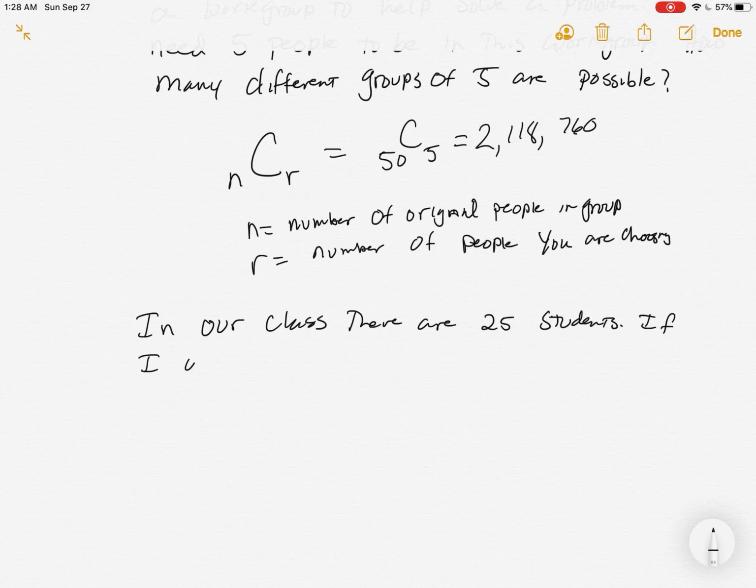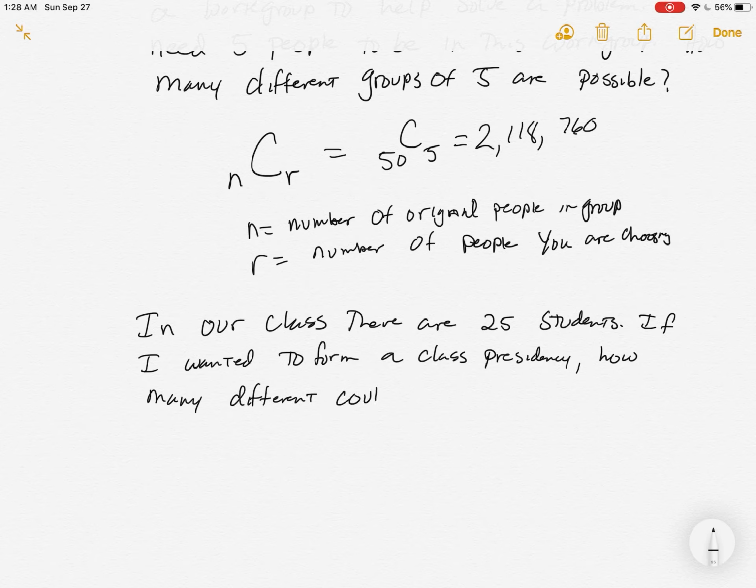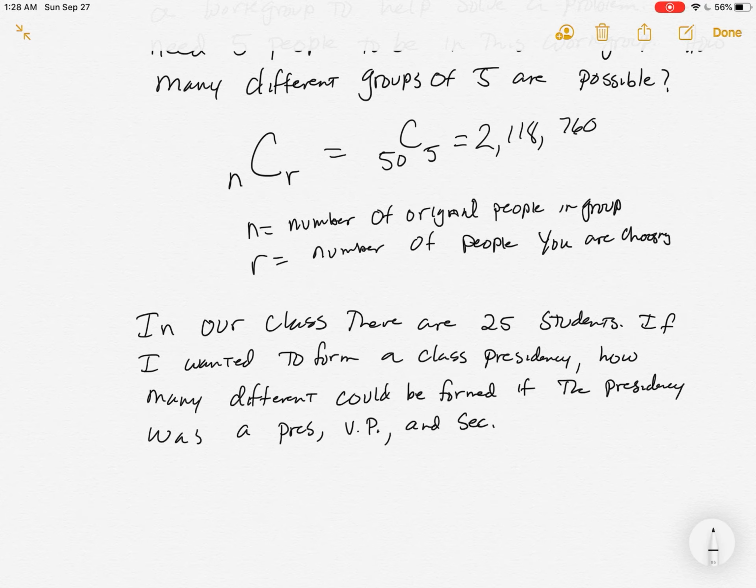If I wanted to form a class presidency, how many different groups could be formed if the presidency was a president, vice president, and secretary? So just 3 people.